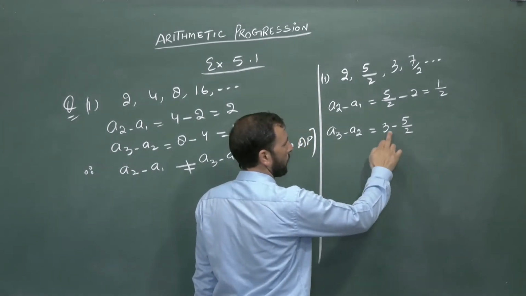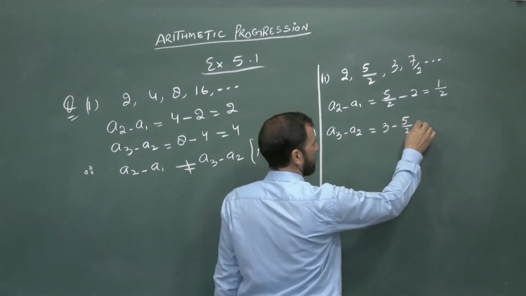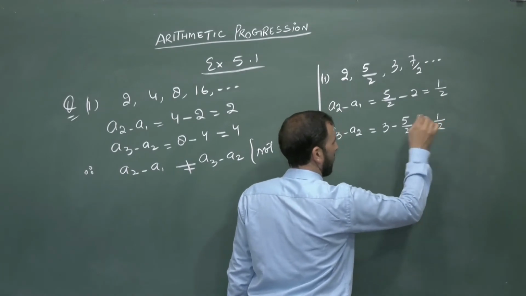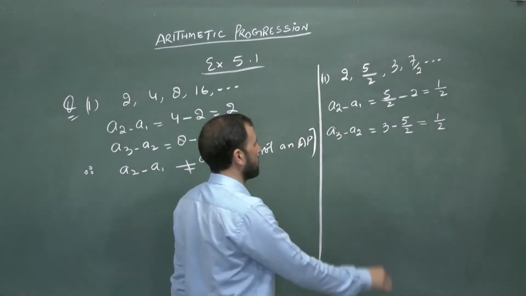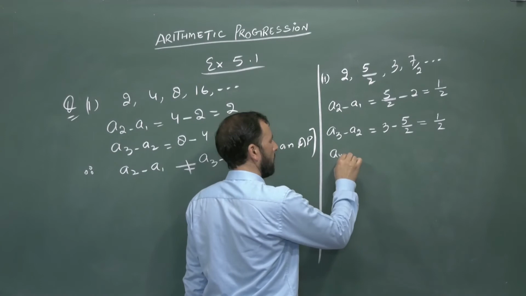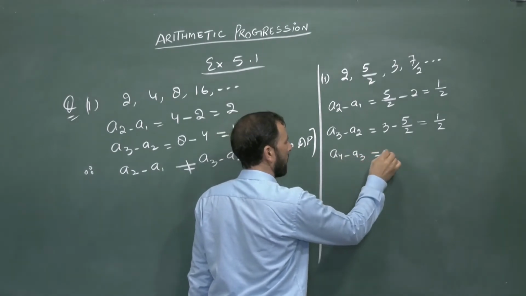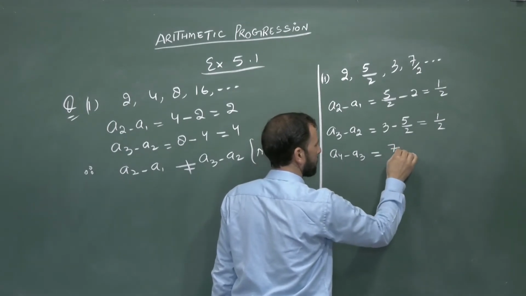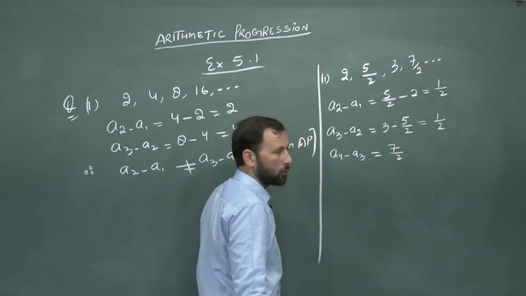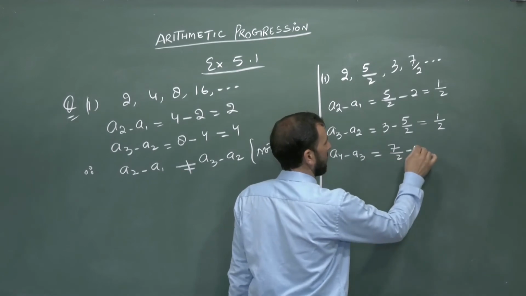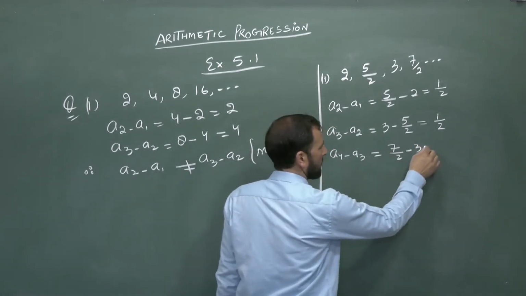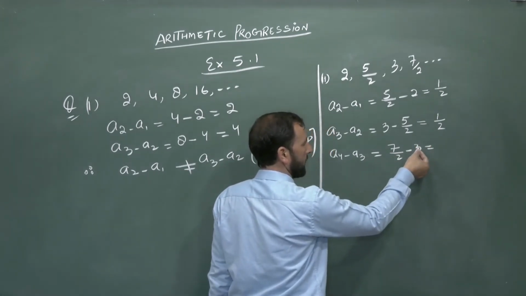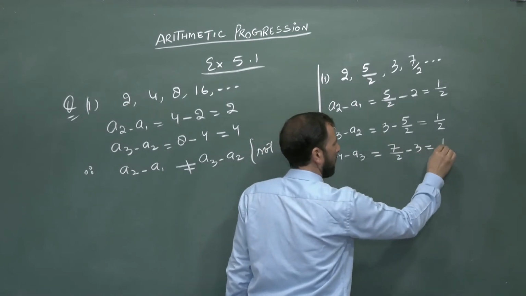So we multiply here 2 into 3 is 6, 6 minus 5 is 1, it is also equal to 1 upon 2. The next one is A4 minus A3, that equals to, the fourth term is here 7 by 2 minus third term is here 3, again simplifying we get 2 into 3 is 6, 7 minus 6 is 1 divided by 2.